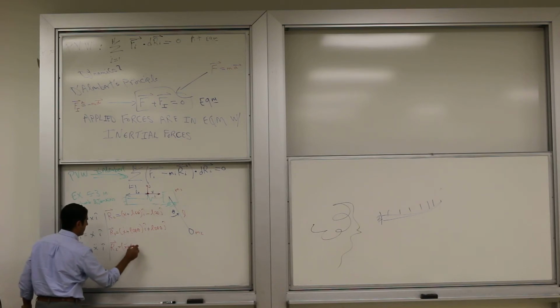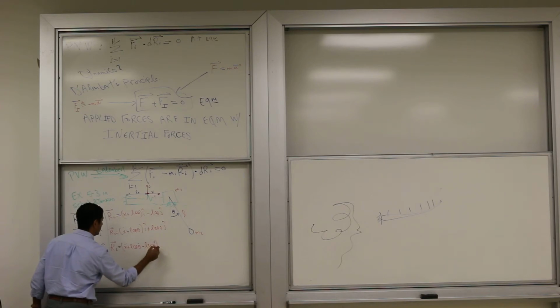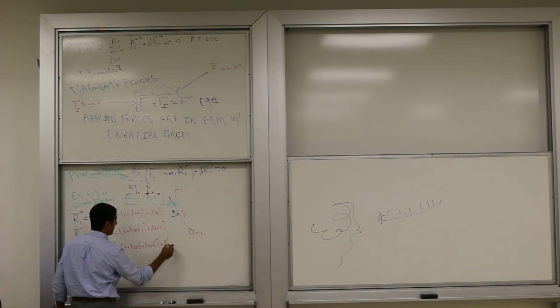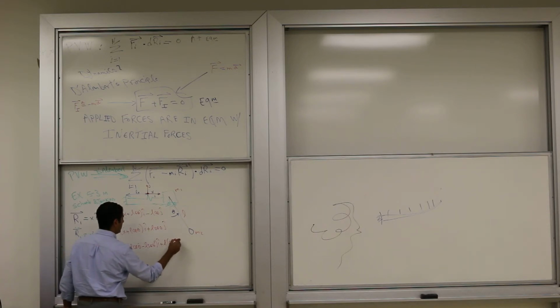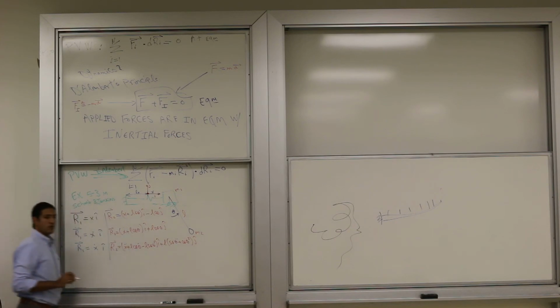So L cosine theta theta double dot minus L sine theta theta dot squared. Over there, it's the other way around: L sine theta theta double dot plus L cosine theta theta dot squared. Okay? We're done with accelerations. So we're going to apply equations of motion. Any question?